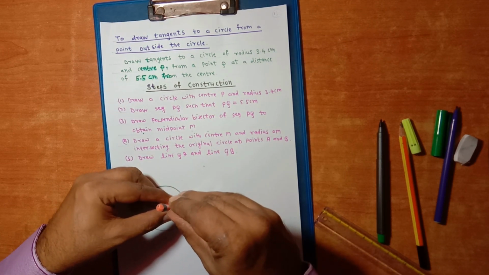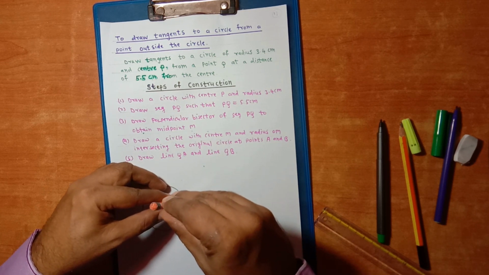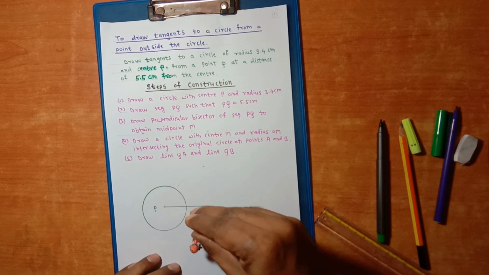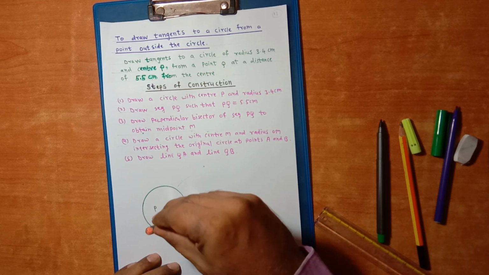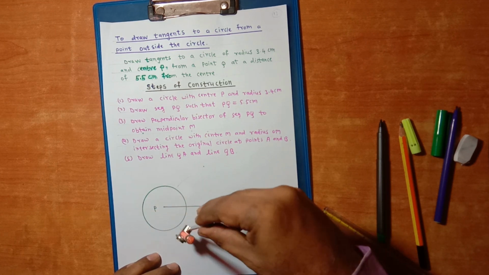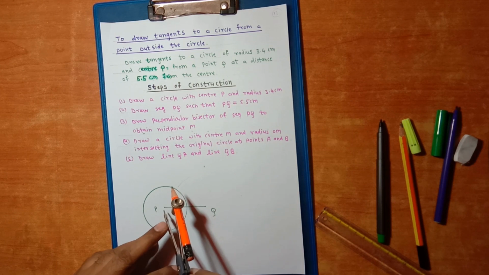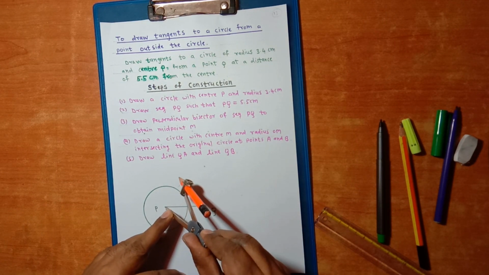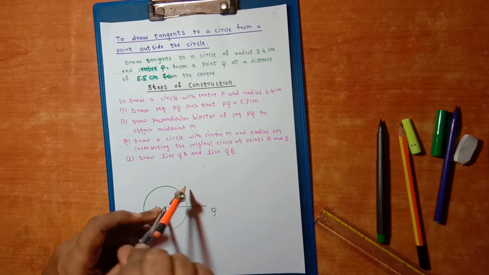Distance will be more than half. I will draw arcs on the upper side of segment PQ and the lower side of segment PQ. Now changing the center, I will keep steel point on P and I will draw intersecting arcs like this.